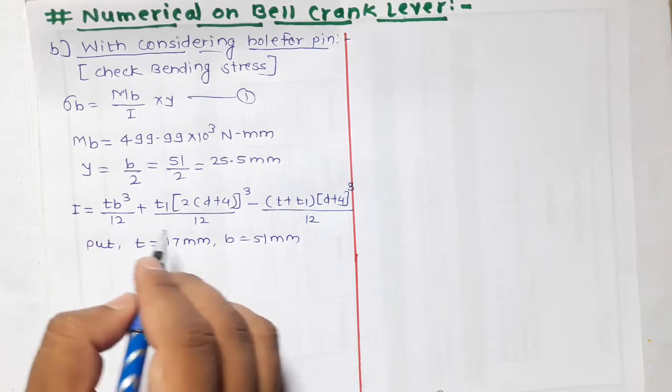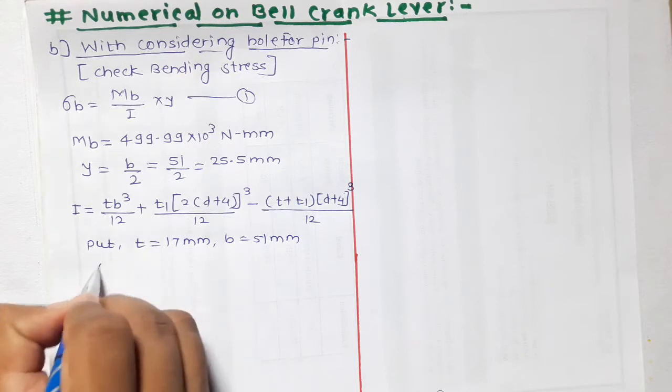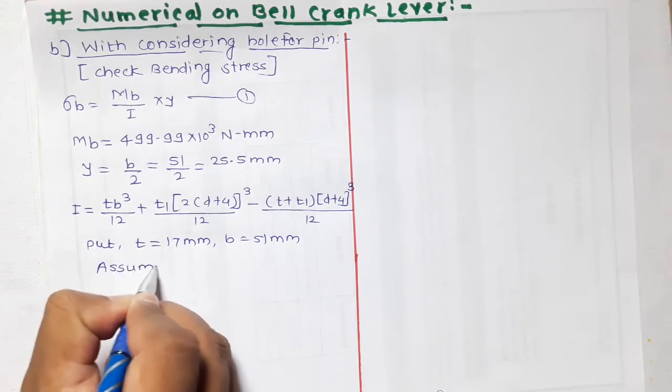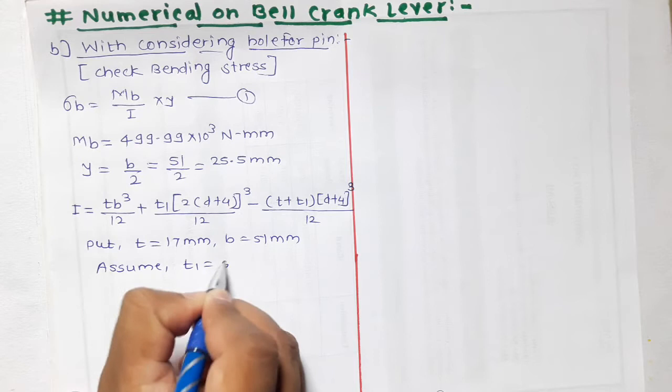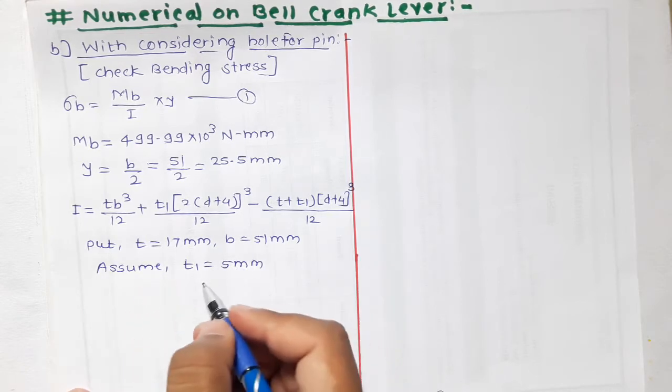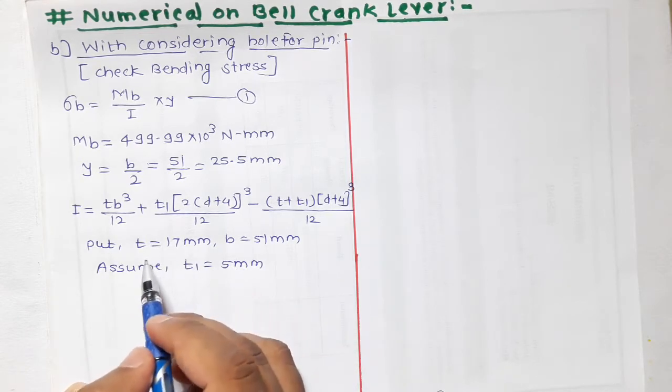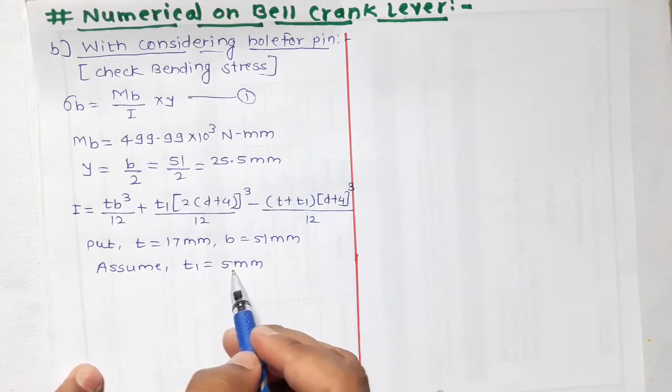Already we have calculated in sub step number 1. T1 is very important. Assume T1 is equal to 5 mm. Okay, so in most of the problems you have to assume this value, T1 is equal to 5 mm. You can assume it is equal to 4 mm also.